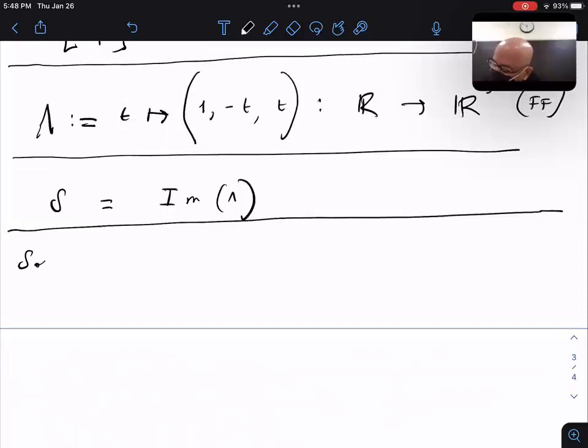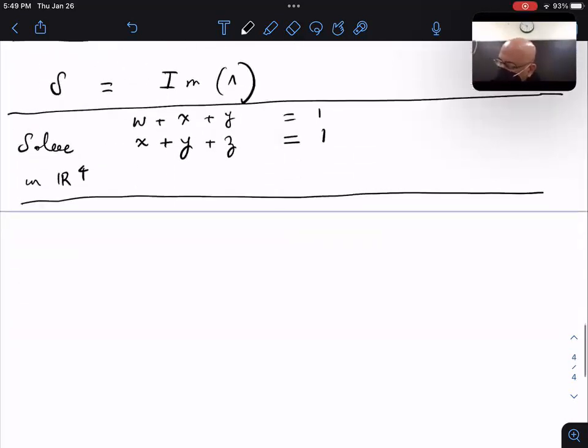So solve x plus y plus z is equal to 1. Actually, let me write this. Yes, w plus x plus y is equal to 1 and x plus y plus z is equal to 1 in R4, sorry.